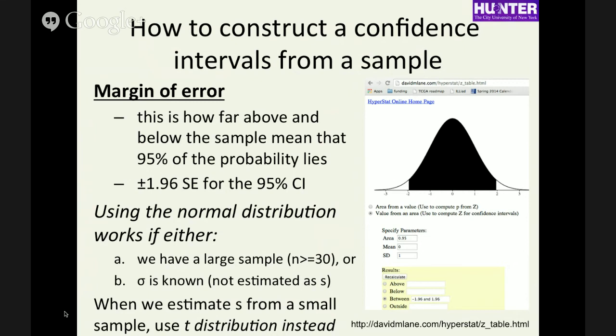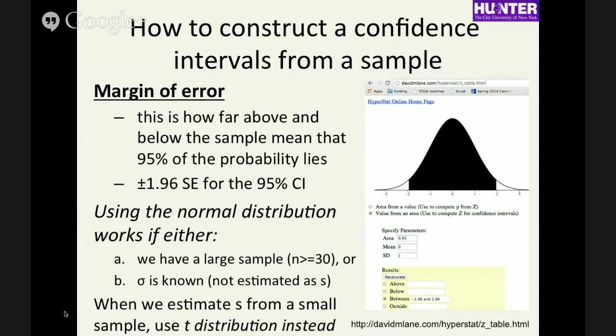From the central limit theorem, you learned how to get the sampling distribution from the population distribution. The middle of the sampling distribution is at x bar, the mean, and the standard deviation of it is the standard error, sigma over square root of n.